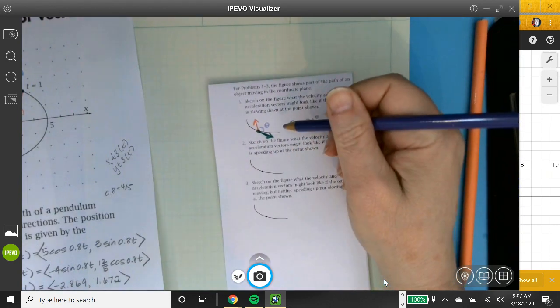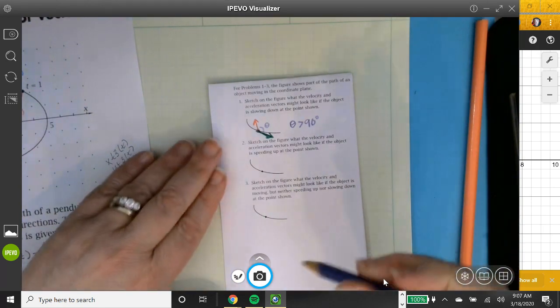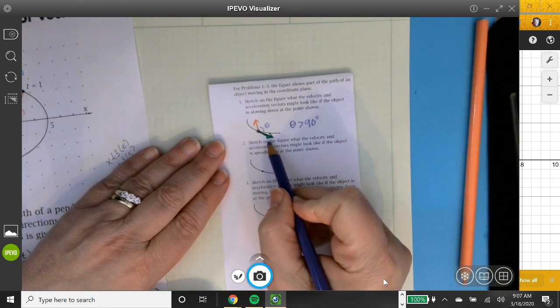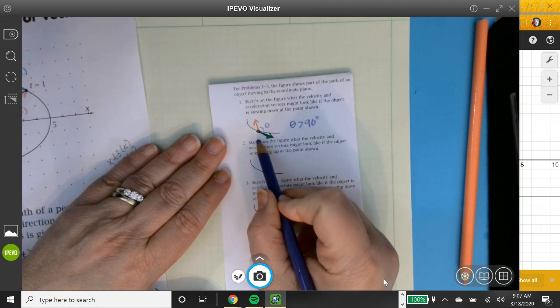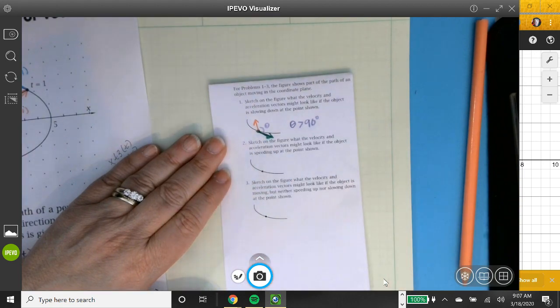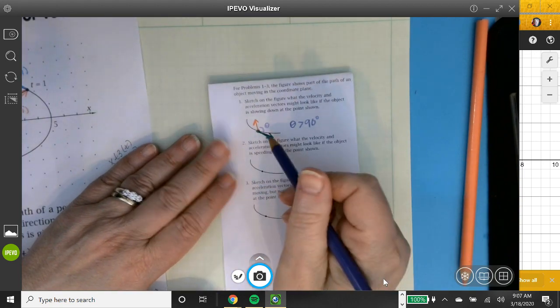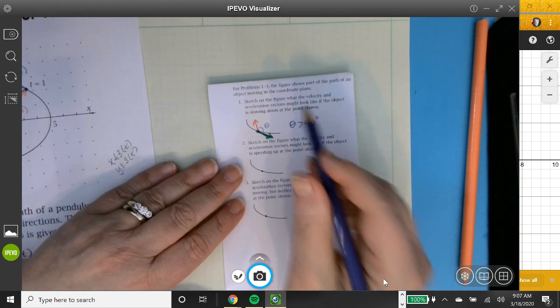That means they're working against each other. And if I were to find the component parts, the resultant of this vector would be showing that it's slowing down. They're working against each other.